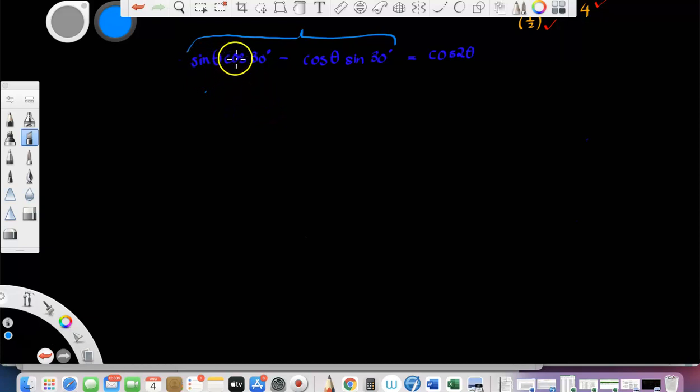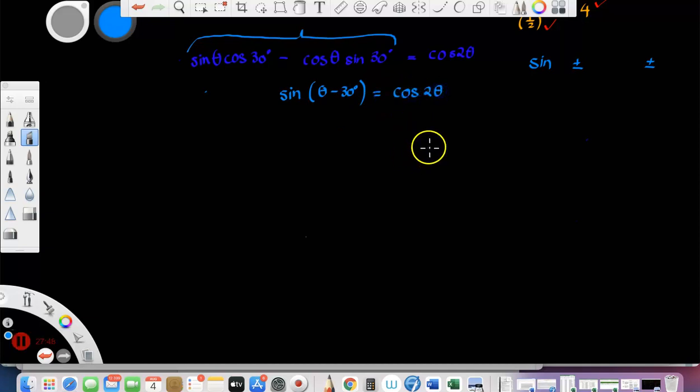This is sine, cos, sine. Same sign, so sine is same sign plus minus. Sine is same sign, different ratio. So this is sine of theta minus 30 degrees is equal to cos 2 theta.